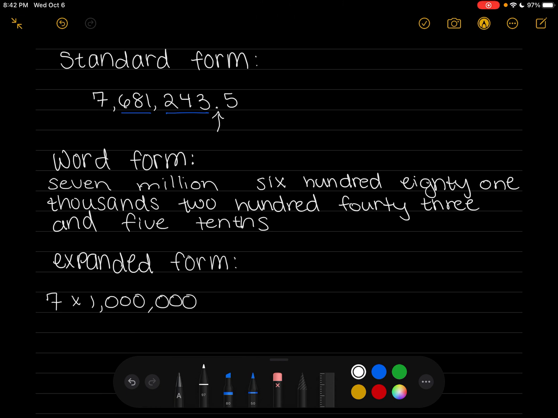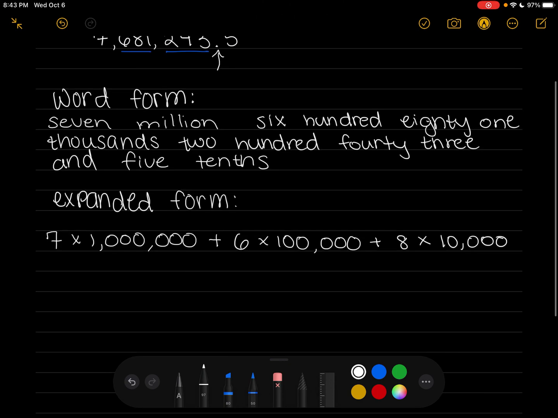Now to say that I'm moving to the next number, I'm going to use a plus sign. The next digit I have is 6, and that is in the 100,000 spot. So I'm going to multiply it by 100,000. Then I'm going to use my plus again to separate the next digit, which is 8, and I'm going to multiply it by its place value, which is 10,000.